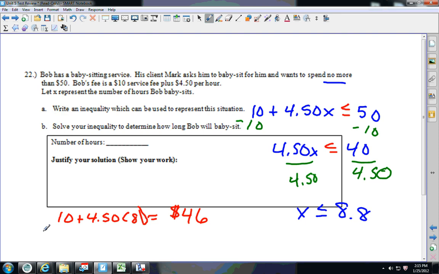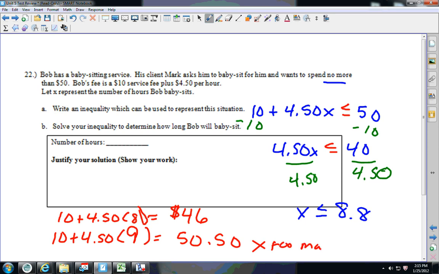Well, what happens if he babysits for 9 hours? So let's try that one. We take 4.50 times 9 plus 10, and you get 50.5. Well, that's $50.50. That's too much. So your answer is going to be 8 hours.